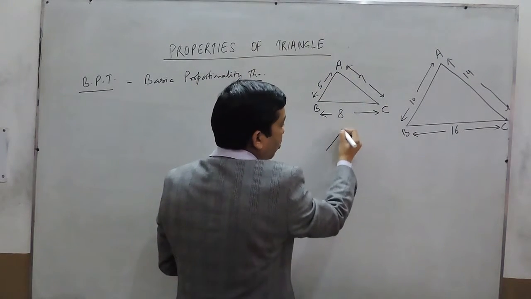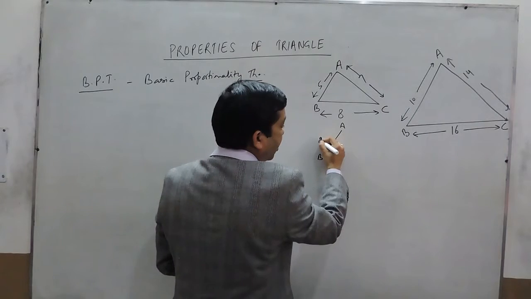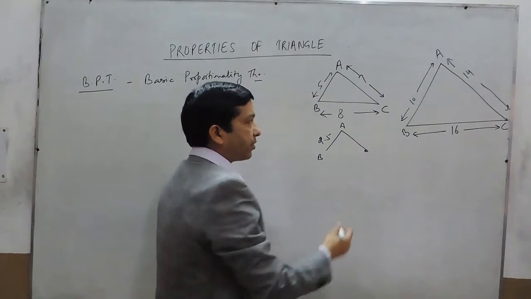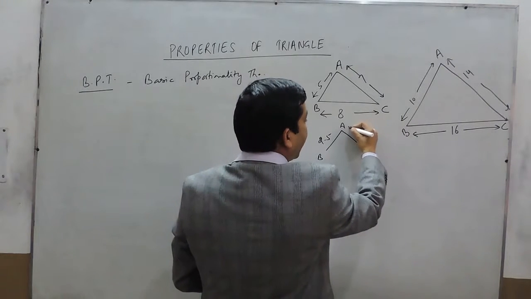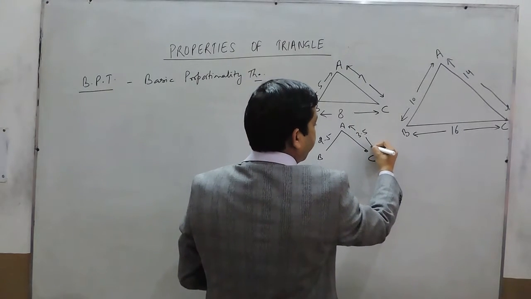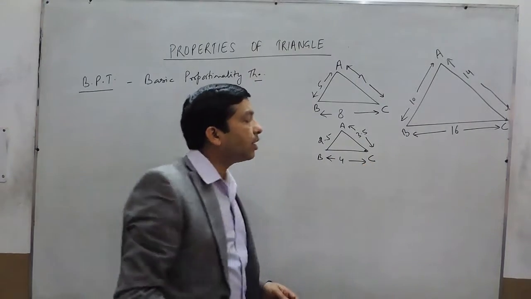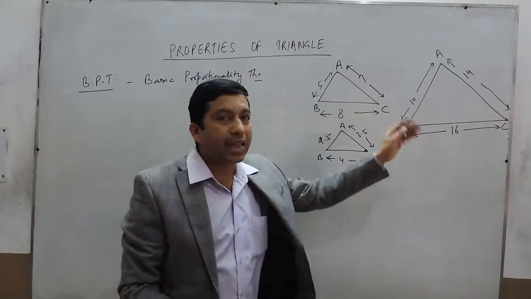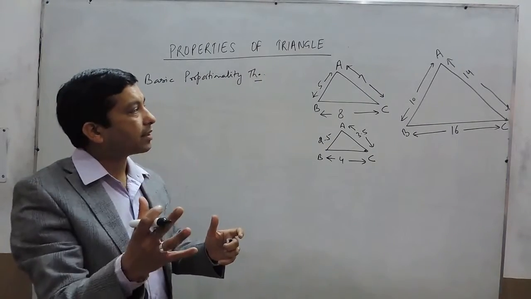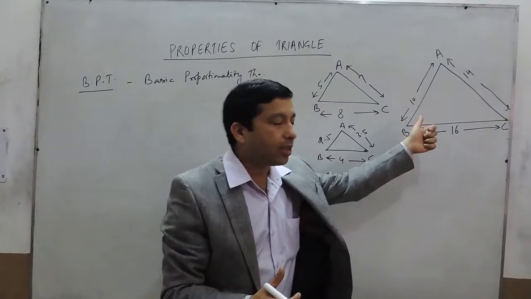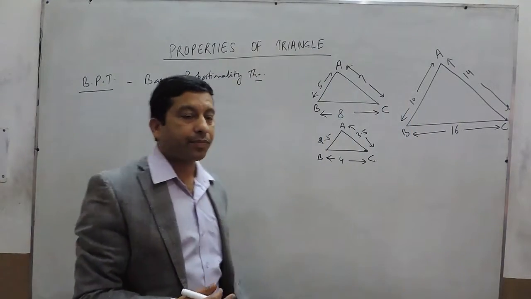Suppose AB comes out to be 2.5, which is half of 5, then AC will automatically become 3.5 and BC will automatically become 4, because we are either magnifying or diminishing all the sides in the same proportion.